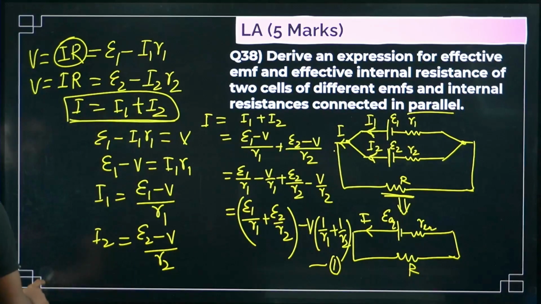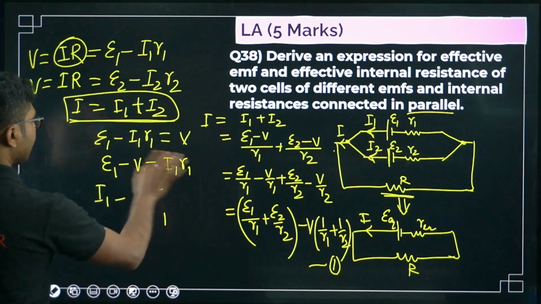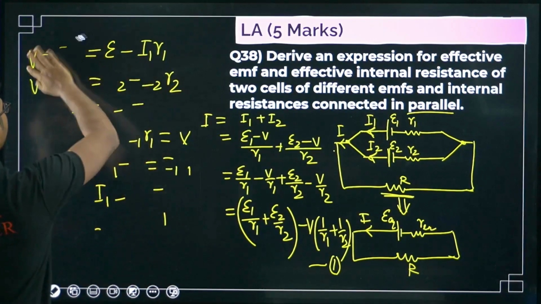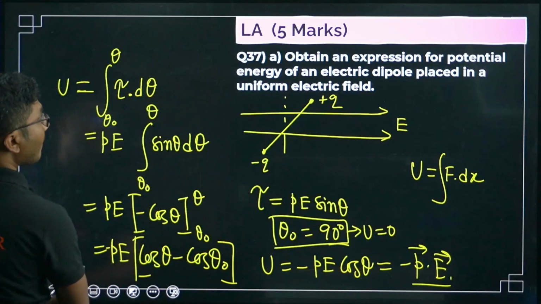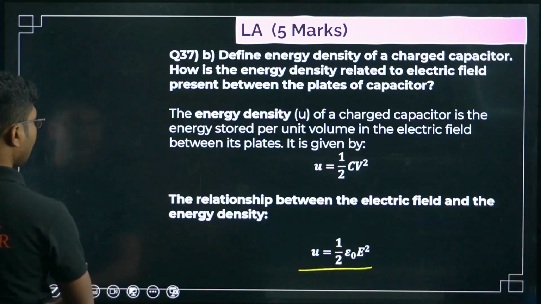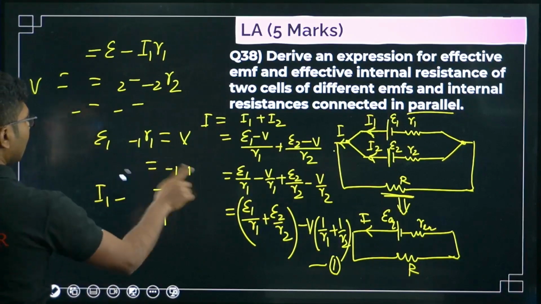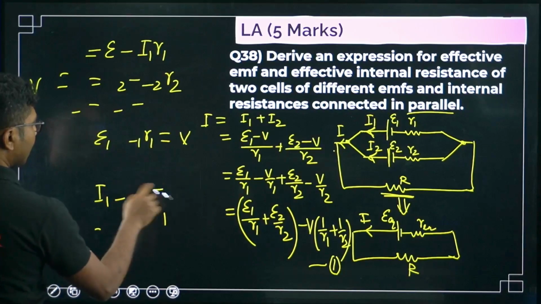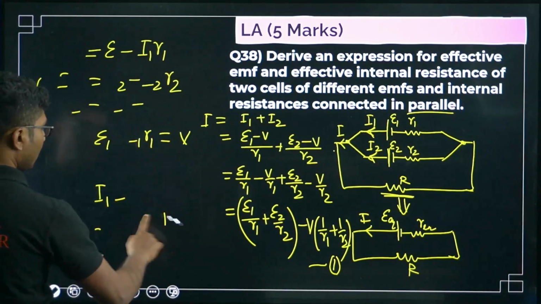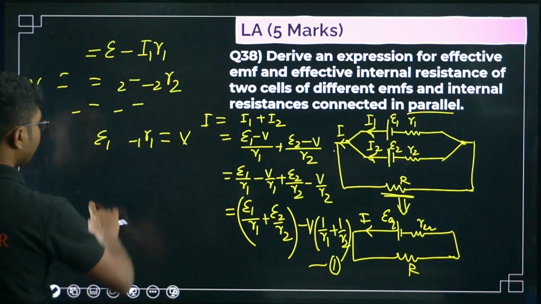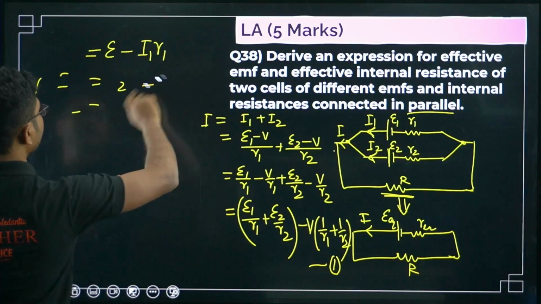Now for the equivalent circuit, we have to find a similar equation as well. So for the equivalent circuit again, V equals IR. Sorry, the board is disturbing a little bit, so that is why it's taking some time to erase these equations.